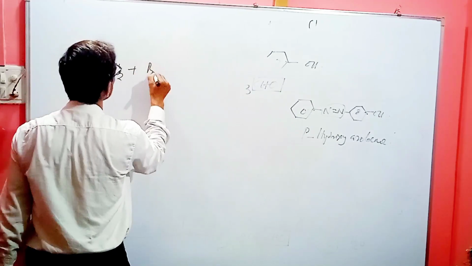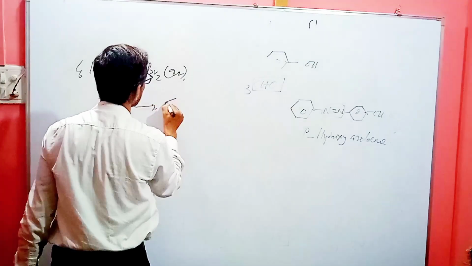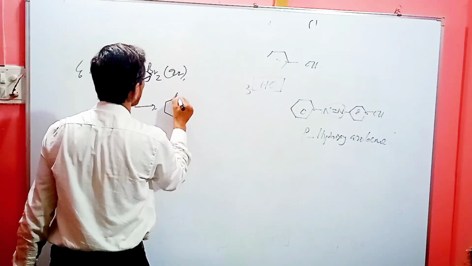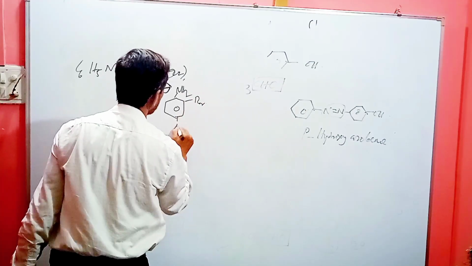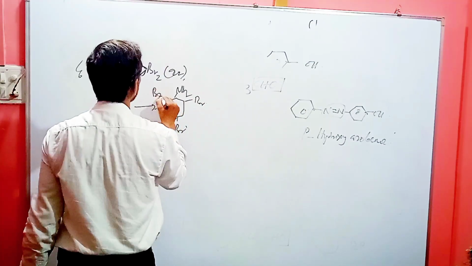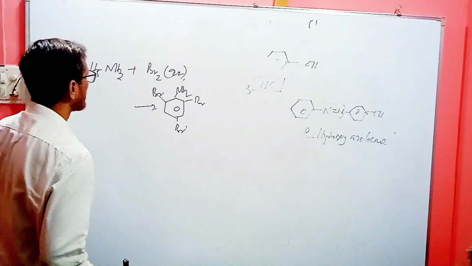C6H5NH2 plus aqueous bromine. I have shown you already. This will be like this, a white precipitate compound, 2,4,6-tribromoaniline.